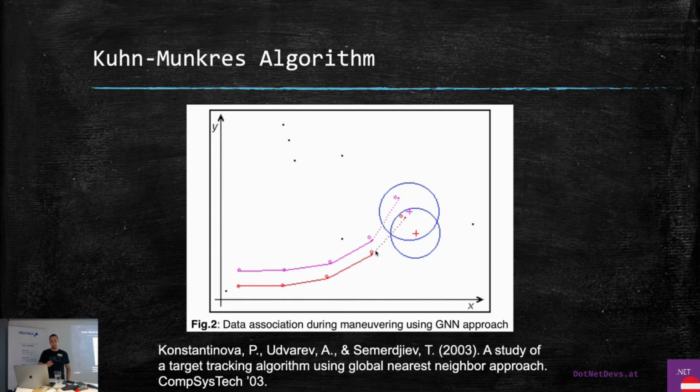And if I would just associate the points on the radar with the prediction that I have for where the airplane would be, I maybe would do an assignment that would not be a global optimum. So maybe I want to assign this airplane to the point that is actually near the predicted point for another airplane, and move the other airplane down to another point, instead of maybe discovering a new airplane, to just recognize, oh, there has been a movement.